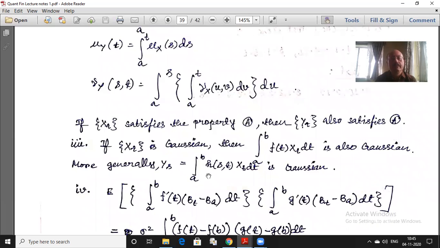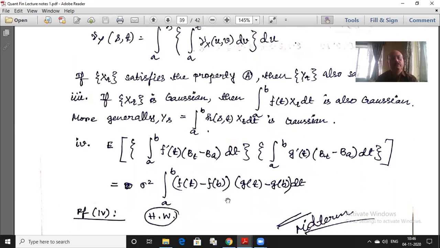So in general, if X(t) is Gaussian, then not only is the integral of f(t) X(t) dt Gaussian, but also if I define a two-dimensional process Y(s) as the integral of h(s,t) X(t) dt, then that will also be Gaussian. What you need to crucially remember is that f and h are non-stochastic. Otherwise, this will not be so easy. So the Gaussian property also transfers.